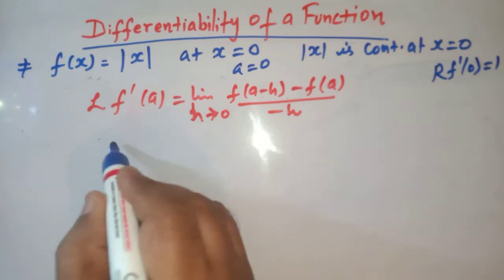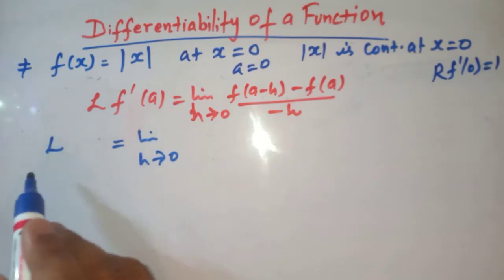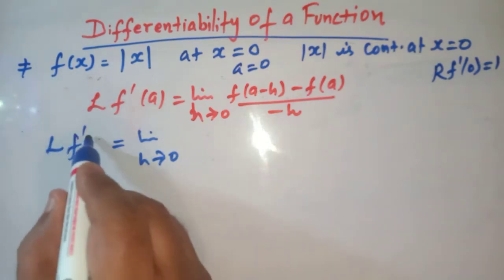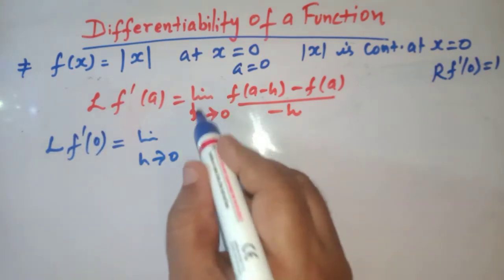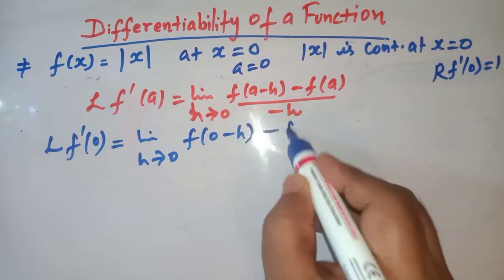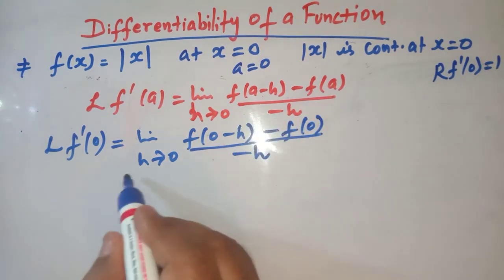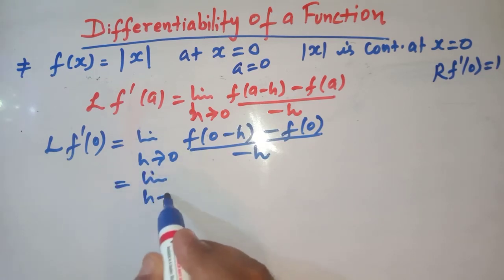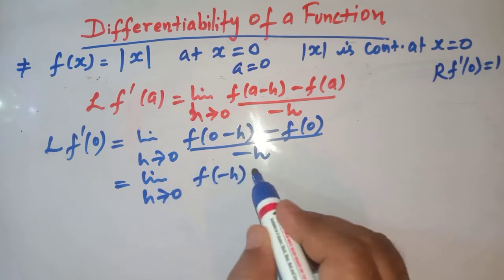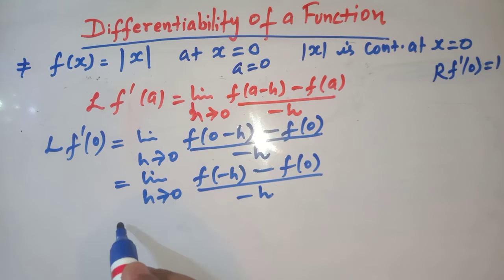Clear? Now the left hand derivative of this function f at 0 is limit h tends to 0 of f of 0 minus h minus f of 0 over minus h.